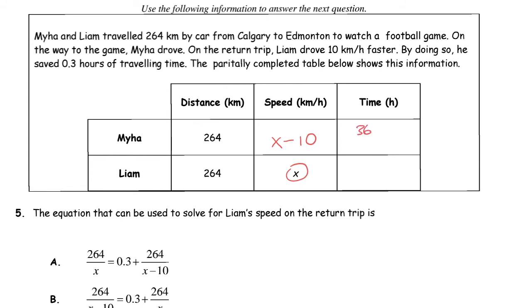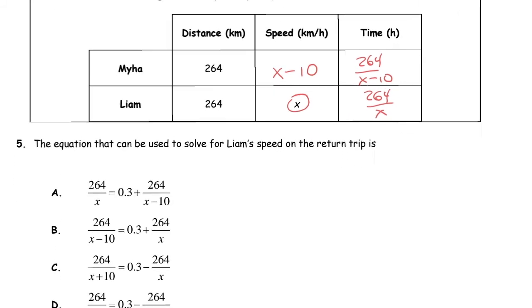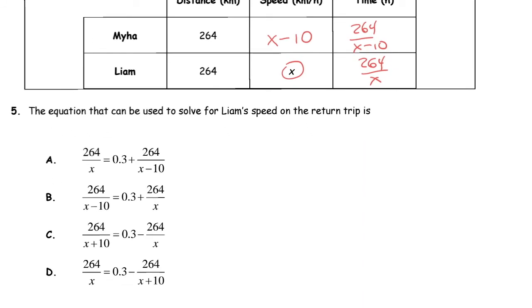We're going to do distance, which will be 264 over x minus 10, and then Liam will be 264 over x. And then the question is, which of the following equations could be used here? Well, okay, so we've got 264 over x minus 10, and we've got 264 over x.